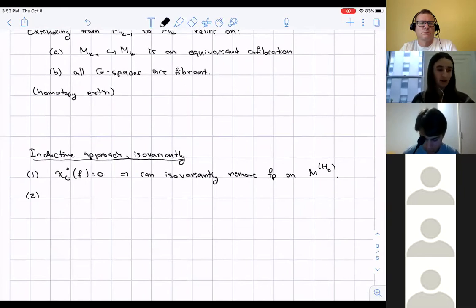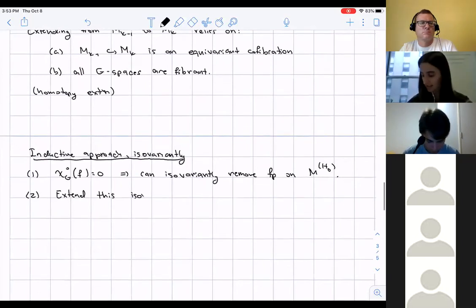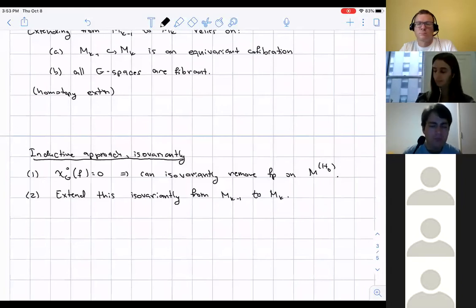And then the second part is to extend, so the induction step is to extend this isovariantly from the same Mk minus 1 to Mk.